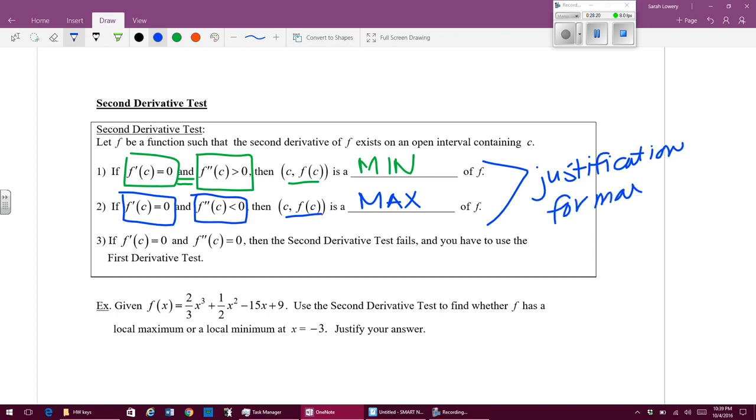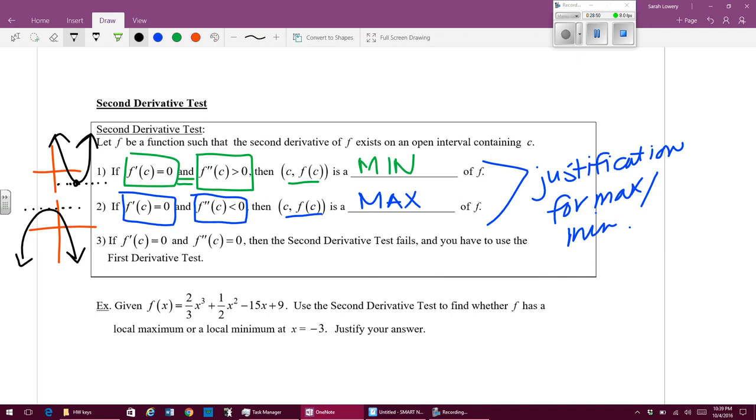Now what this does is we use this as a justification for maxes and mins, okay? Here's what this says. This says I have a point that has a slope of 0, and I have a concave up function. If I have a concave up function and a place where my slope is 0, it has to be a min mathematically. If I have a concave down function, it has a slope of 0.